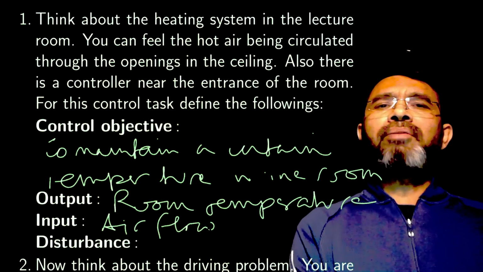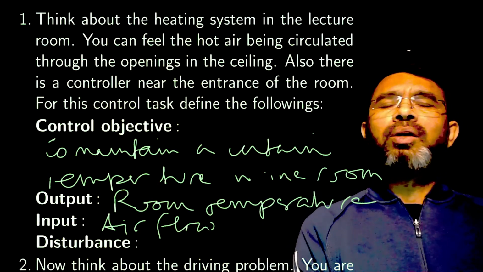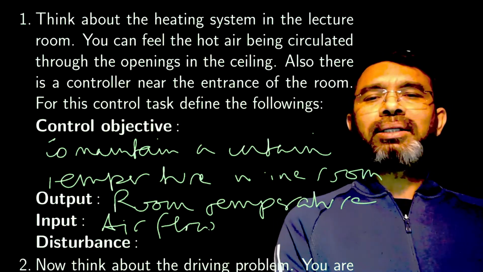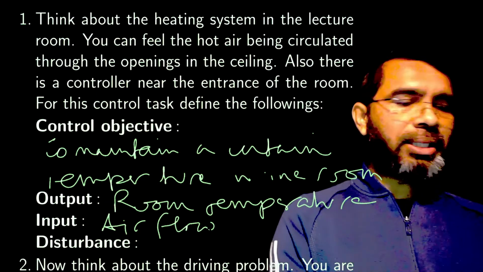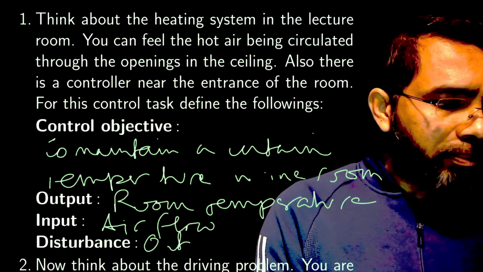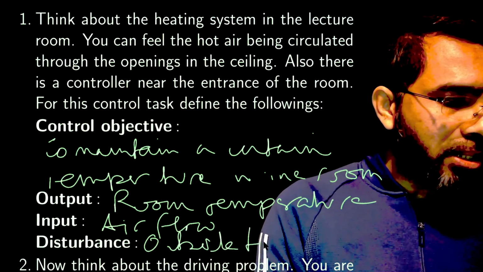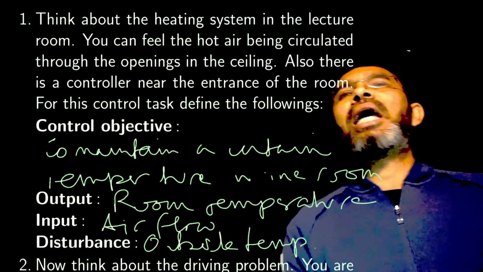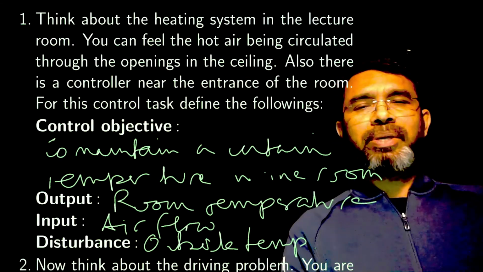Now, what are the other variables that can affect the room temperature, but you cannot maintain or you chose not to maintain? The first thing that comes to mind is the outside temperature. So outside temperature is one disturbance. But for a particular system, there can be many disturbances.